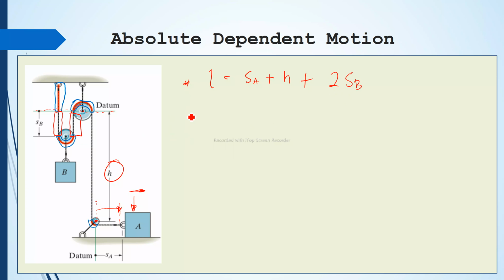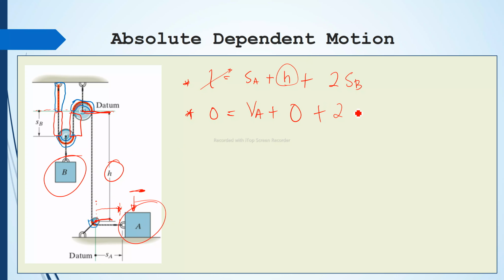Now we differentiate this whole equation with respect to time. Since the length of the chord is constant, that becomes 0. We have 0 is equal to the velocity of A plus the derivative of h with respect to time. If you notice, h here will remain constant throughout the motion of these two objects, so that will become 0 also.